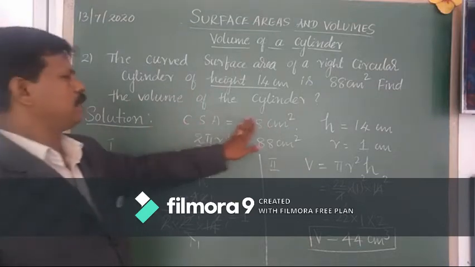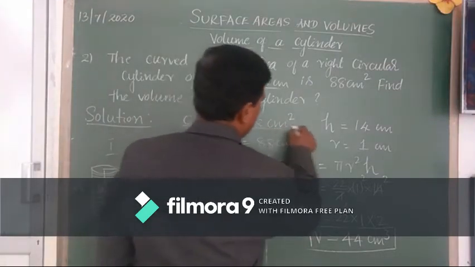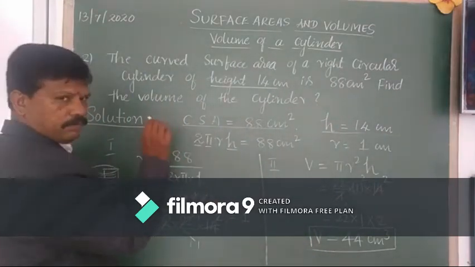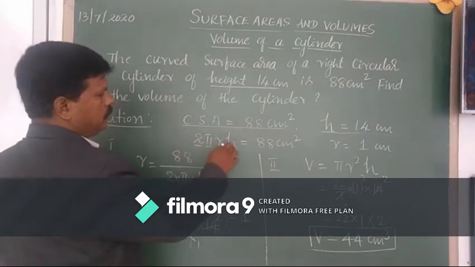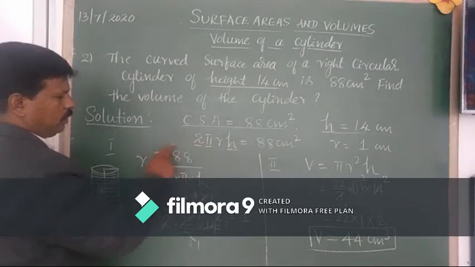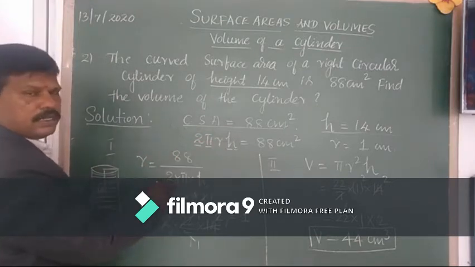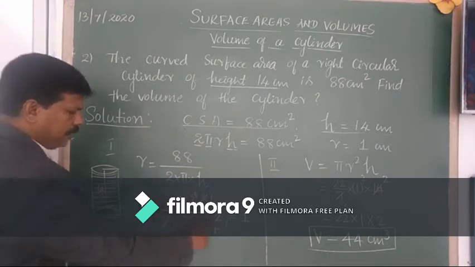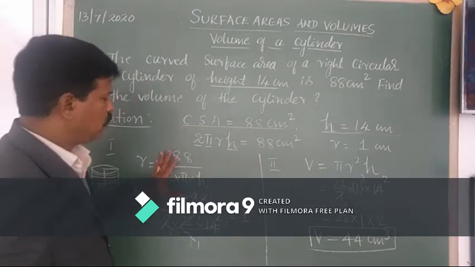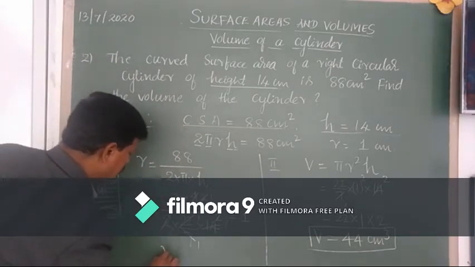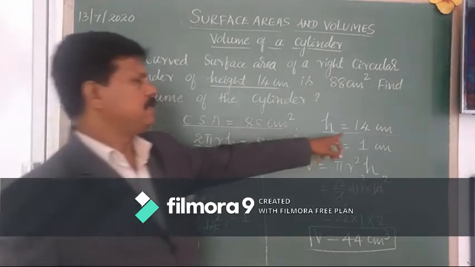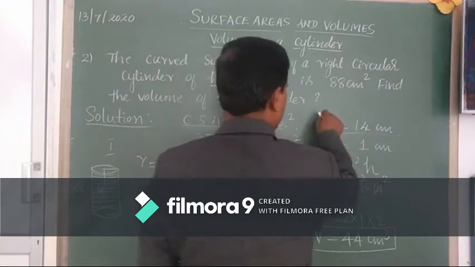First, write down what is given. Curved surface area is this, height is this. Now the curved surface area formula: first write down 2 pi r into h. Then we want r, so convert these three things, send them to the denominator, and then simplify. You can simplify in any method. After finding r, see, r is equal to 1. Radius of the circular base is 1.